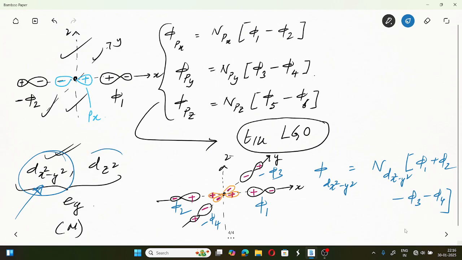Similarly, for dz square also, we can construct the group orbital. It's like this. See, dz square can be considered to be made up of two orbitals, dz square minus x square and dz square minus y square.